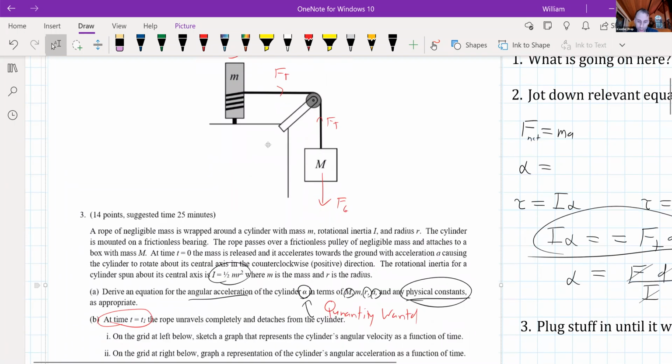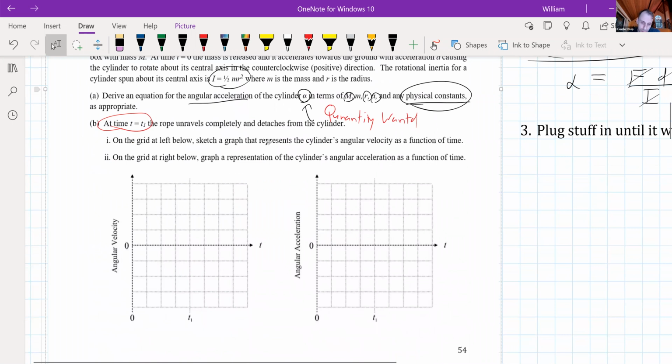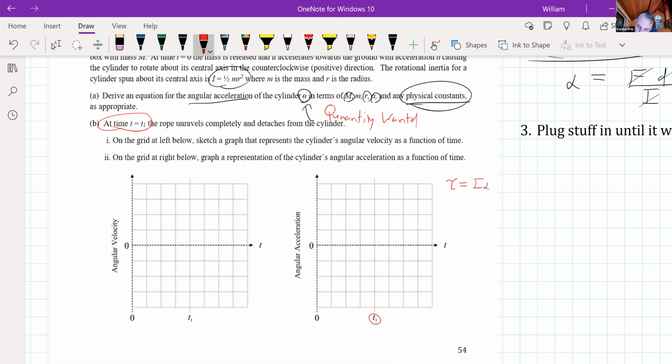So we need to illustrate this. Now, we have to illustrate, so what happens at T1? Well, as the rope is pulling it, right? Because again, torque is equal to I alpha, which is equal to force times distance.